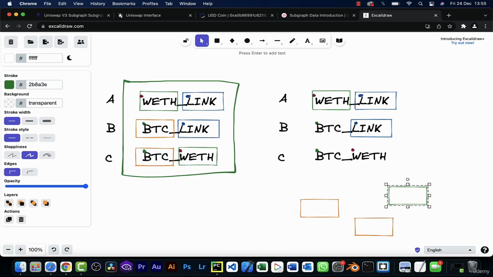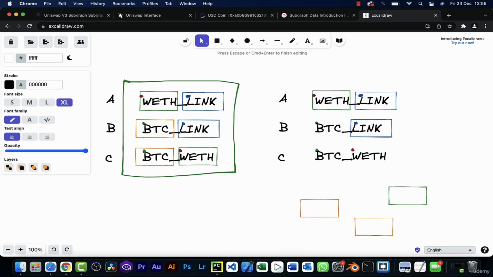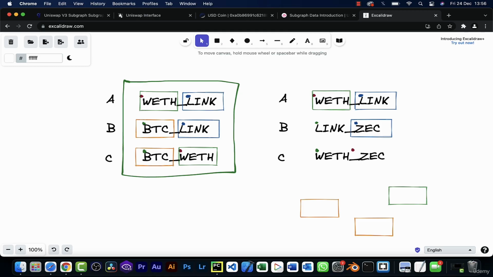Let's say we're starting with this, but actually this is going to be something like LINK to, I don't know, it could be anything. Let's just put Zcash. And then here we're going to get Zcash, so ZEC, and we're going to put that back to WETH. So this could be an example of another trade.